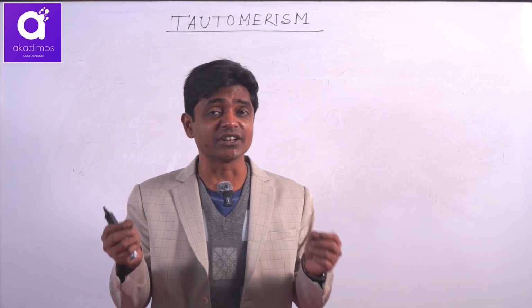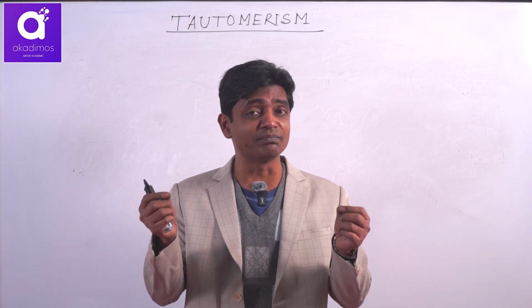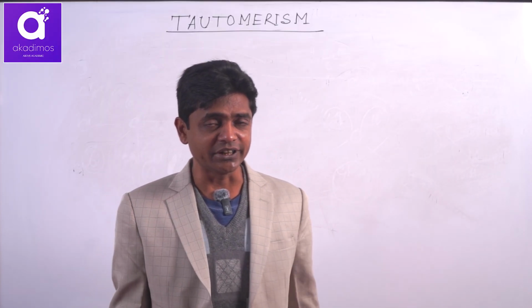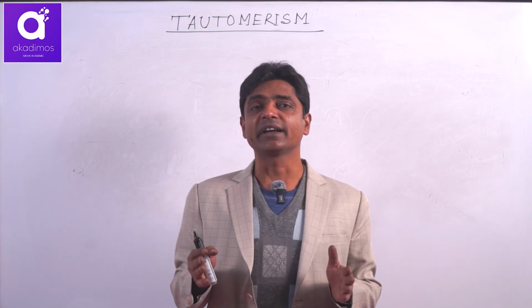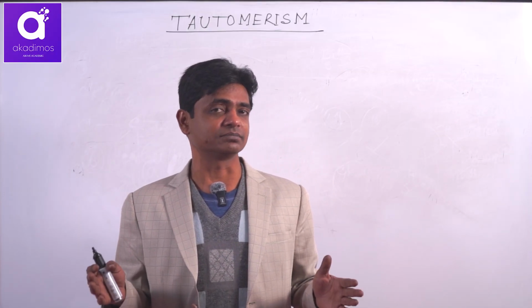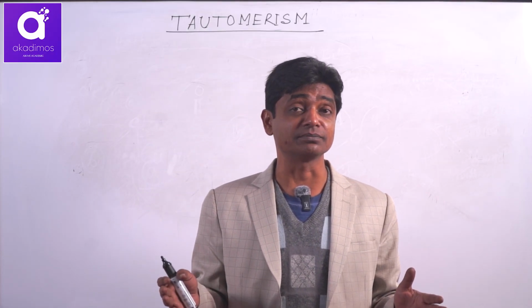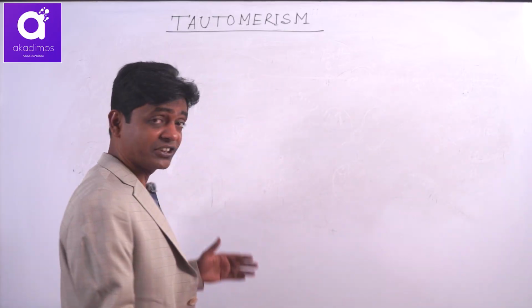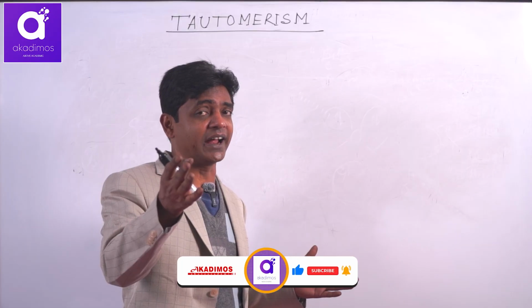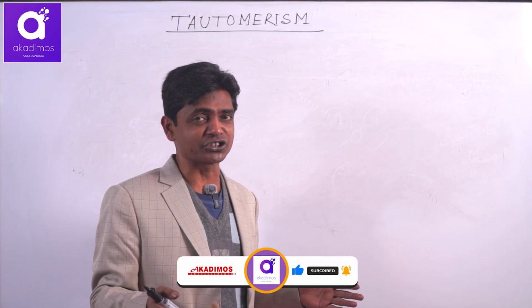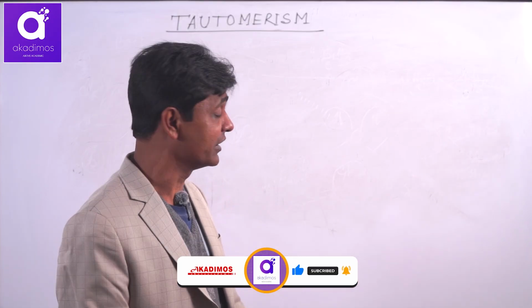Remember, it is a spontaneous equilibrium phenomenon. Actually, in our syllabus, majorly we have keto-enol tautomerism. I have discussed keto-enol tautomerism in the hyperconjugation discussion. If you have not followed that, please go to the hyperconjugation part of the video. There you will get the idea.